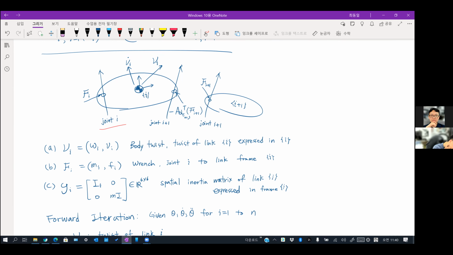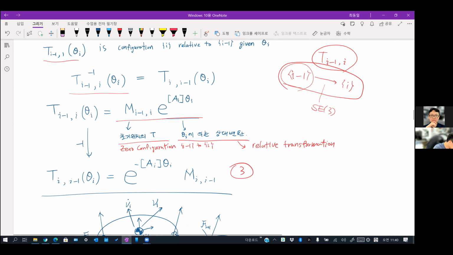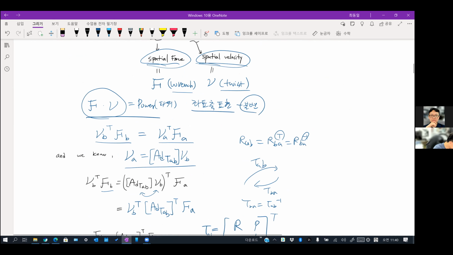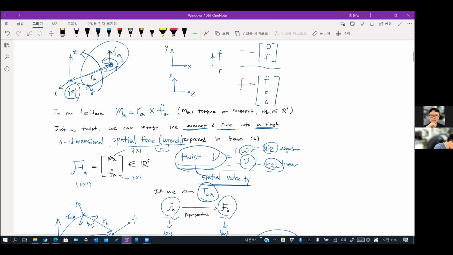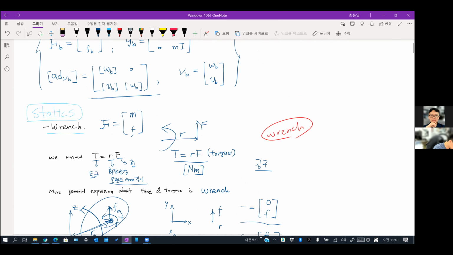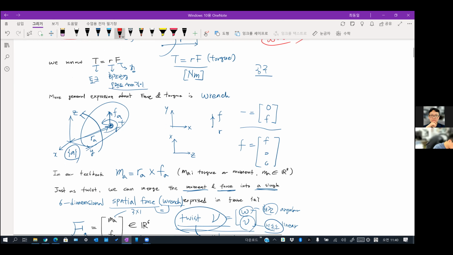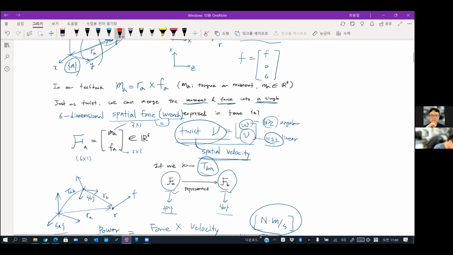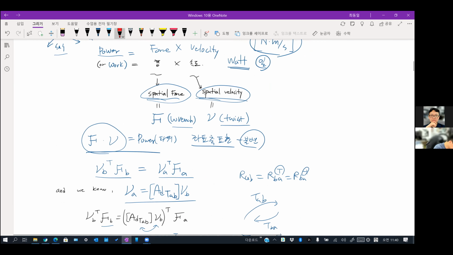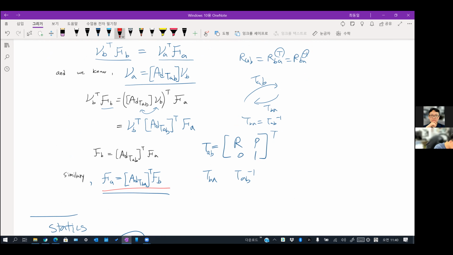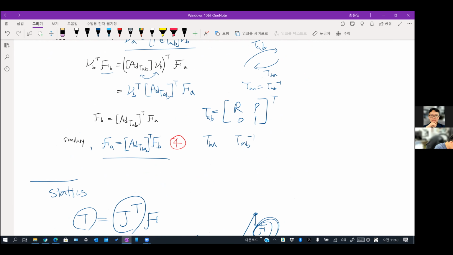Actually, in the wrench here, we learned about this equation. Yeah, this is one more equation to memorize. So when there is a B frame and an A frame, if the frame is changed from B to A, then we have to use Ad_{T_BA} transpose.